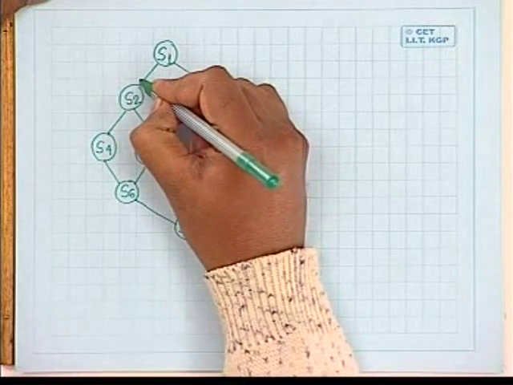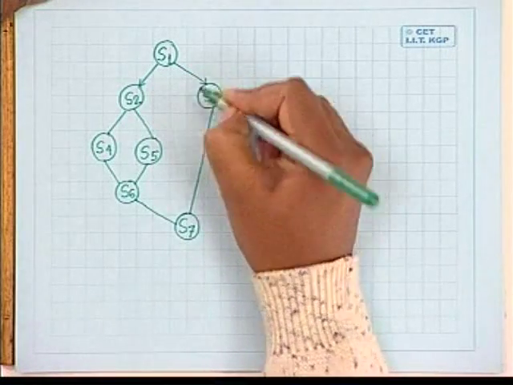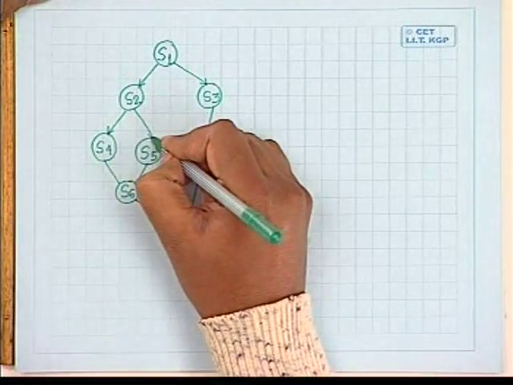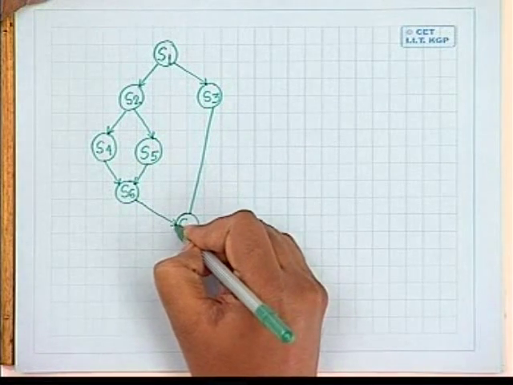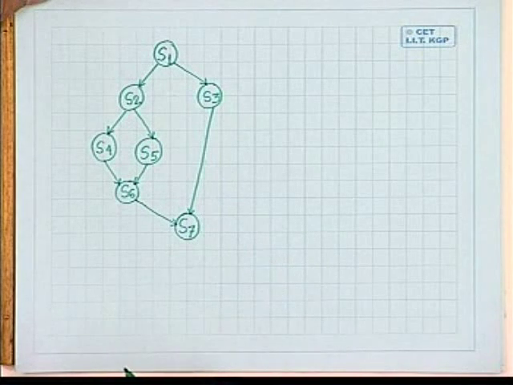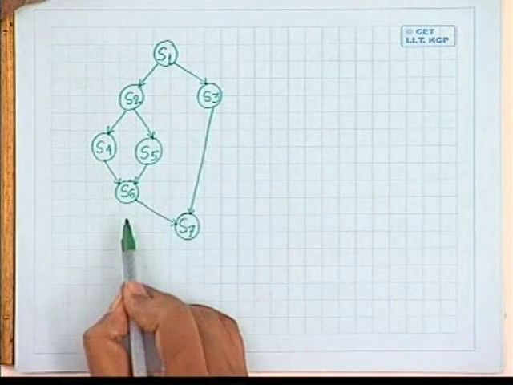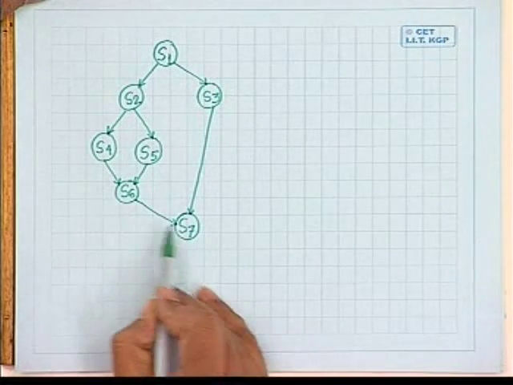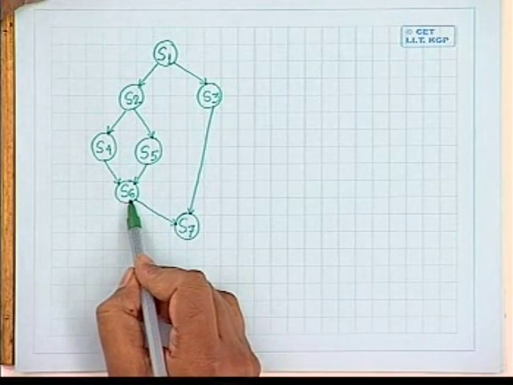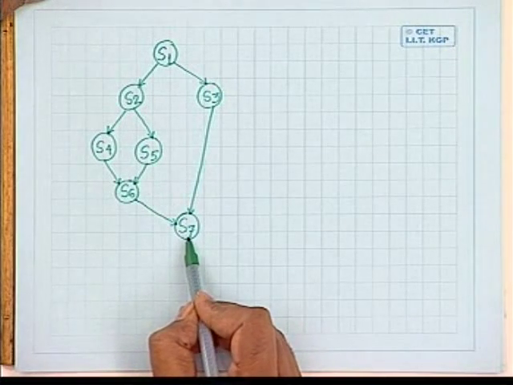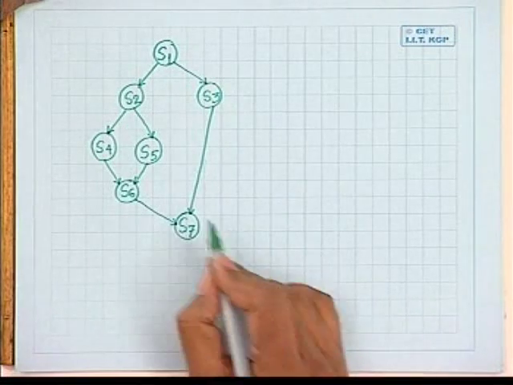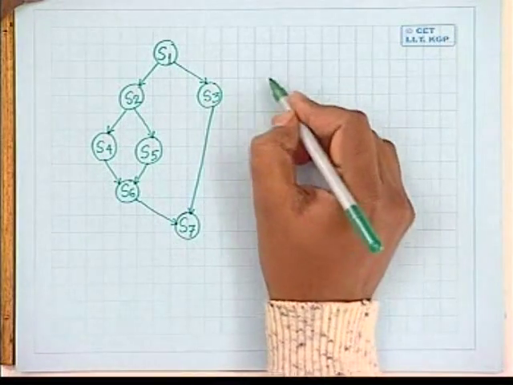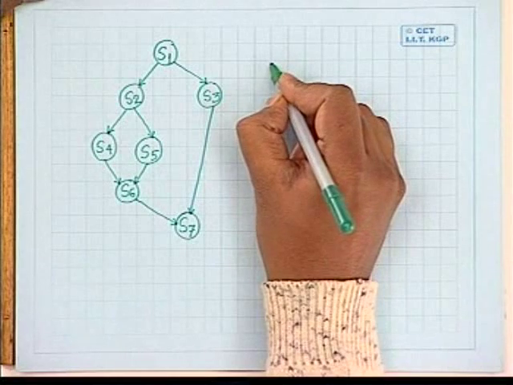So this is the precedence graph that we have. How can we write it? You find that there are 2 points where the processes are to be joined. Here 2 processes are to be joined. Here also 2 processes are to be joined. So I can write a very simple fork join structure for this.